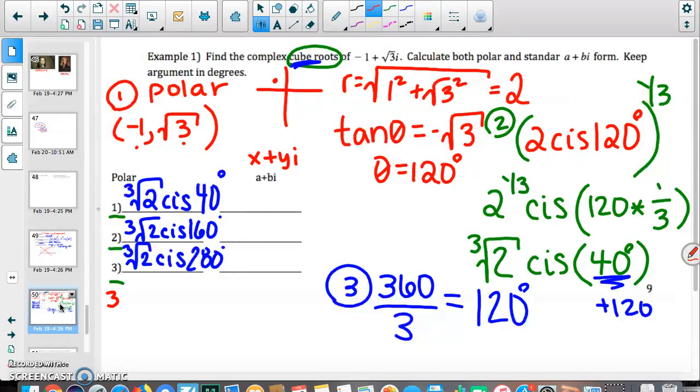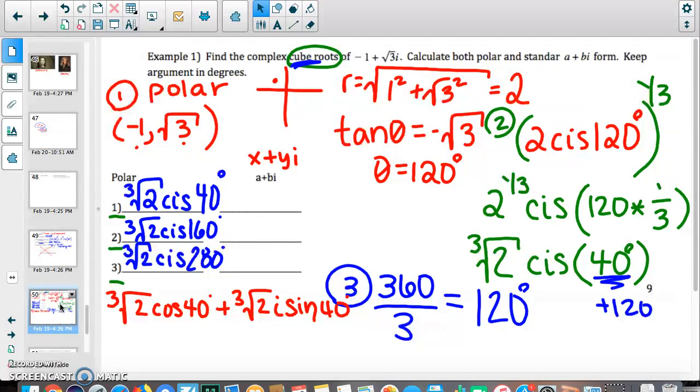So it's just 3 cube root of 2 cosine of 40 degrees plus 3 cube root of 2 i sine of 40 degrees. So plugging that into your calculator, you will get an icky decimal for your answer.